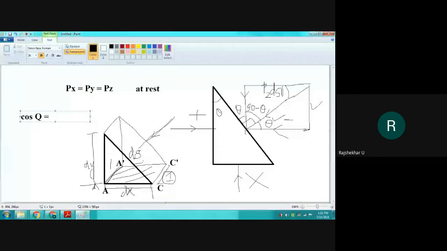So adjacent upon hypotenuse. The hypotenuse is this one, which is Pz, Pz into ds into 1.